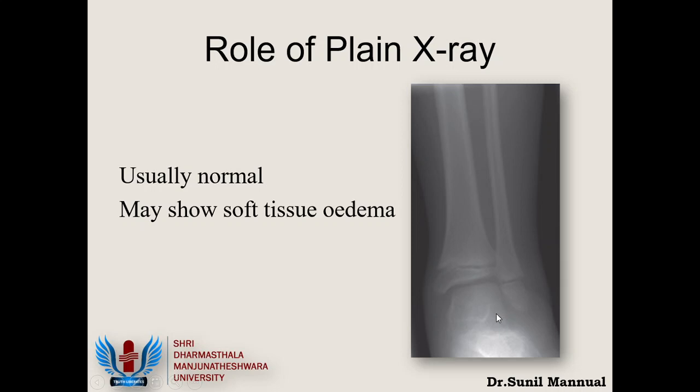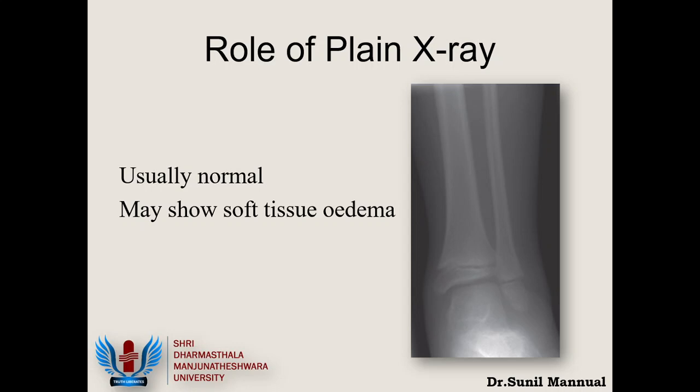However, the plain X-ray is of really good importance to rule out other inflammatory conditions, and also to rule out traumatic conditions. Sometimes there may be a trauma with an associated fever. So a child will present with high grade fever along with a trauma. In such conditions, it's important to use a plain X-ray to rule out a bone or a physeal trauma.